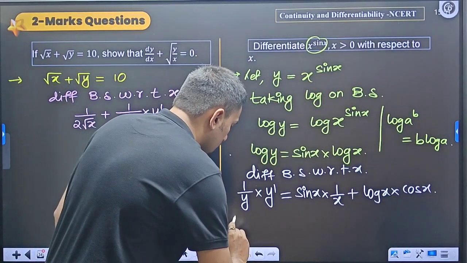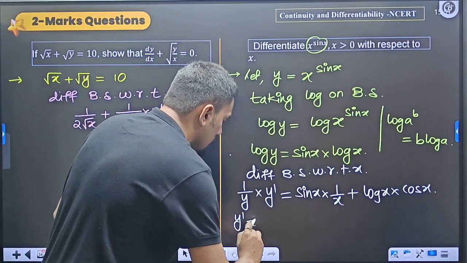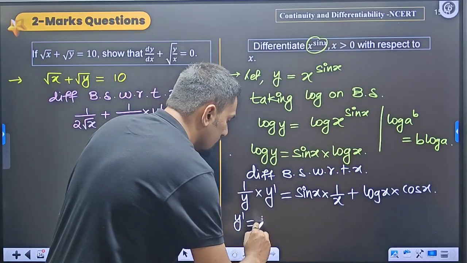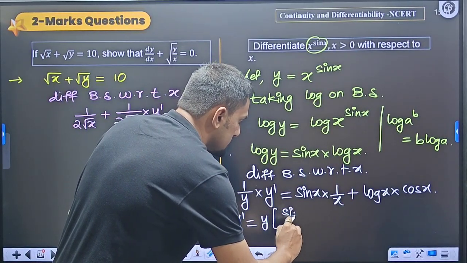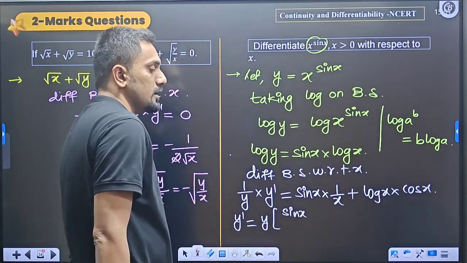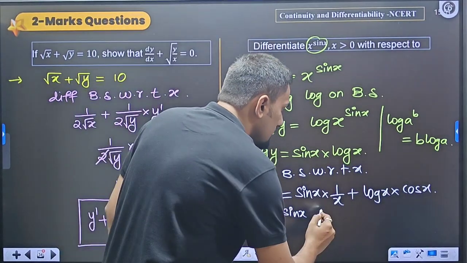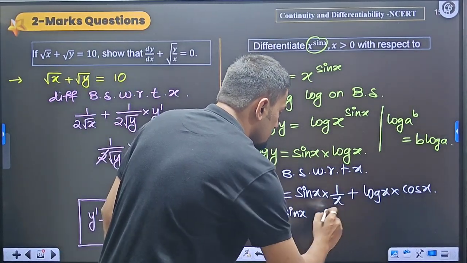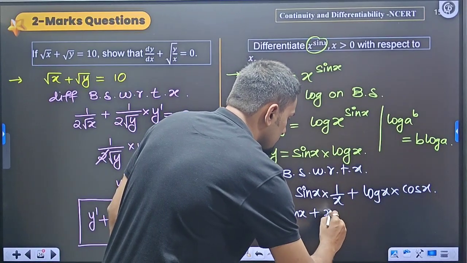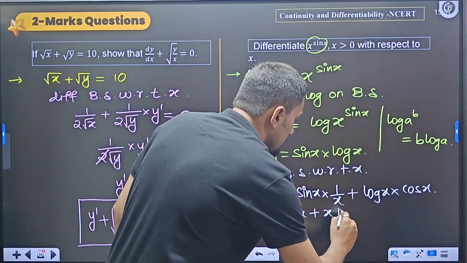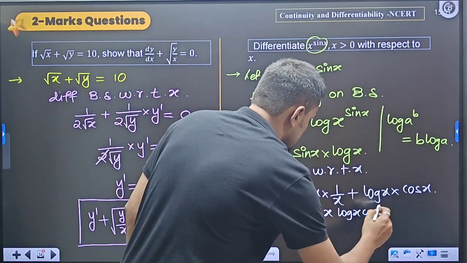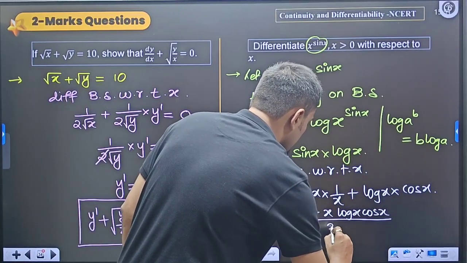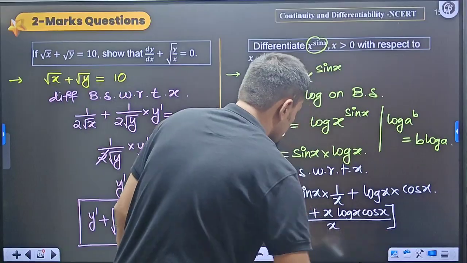So at the end, y dash is equal to y, shift it to that side, y multiplied with sin x, then taking LCM, it becomes x log x multiplied by cos x, the whole divided by x.